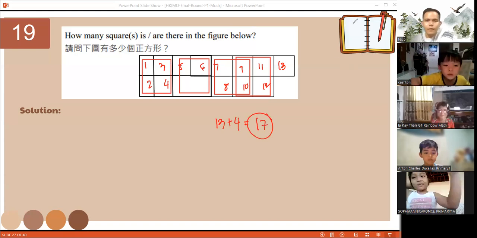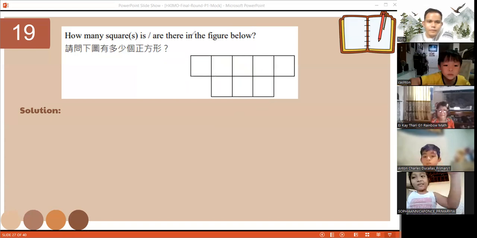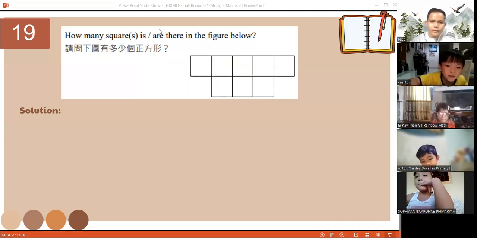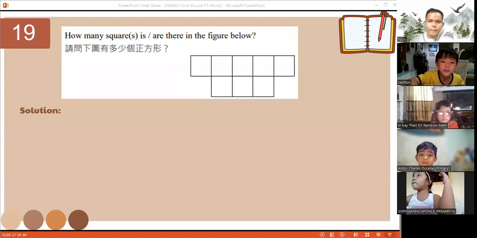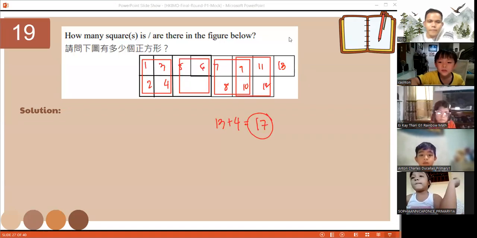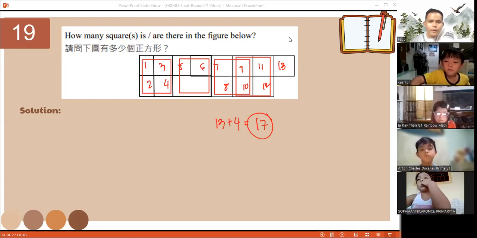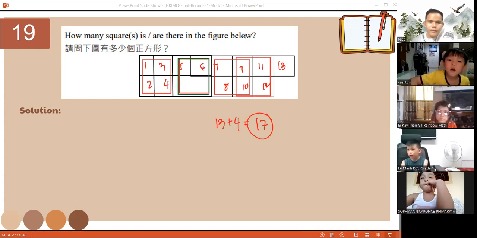Miss, this one here doesn't have a line, but why is it still a box? It will still form a square, right? This one, it will still form a square. Oh, okay.